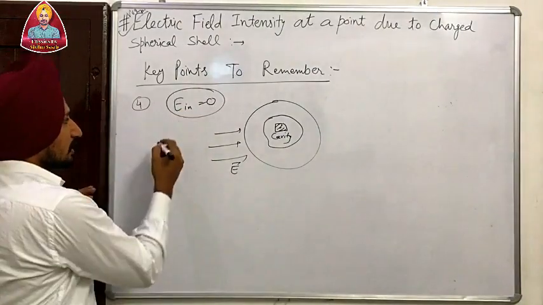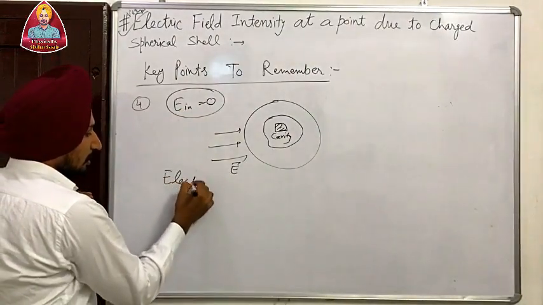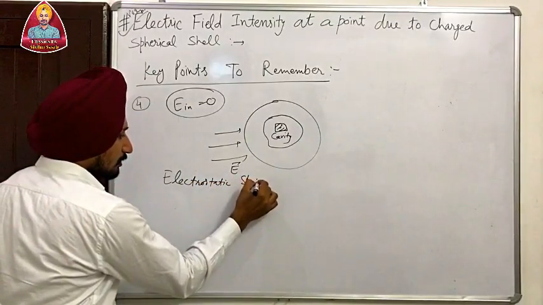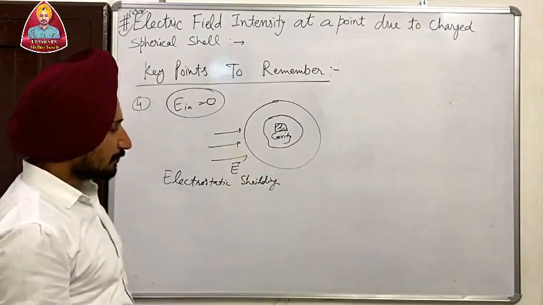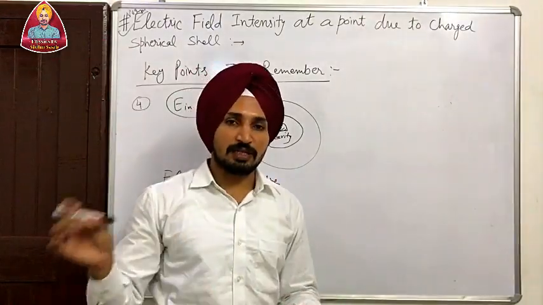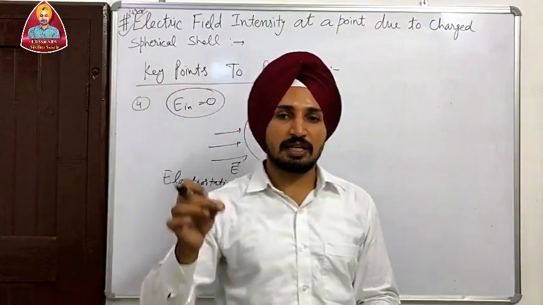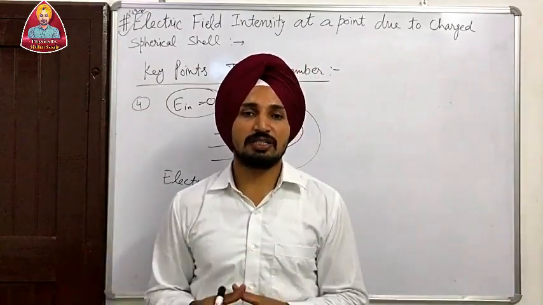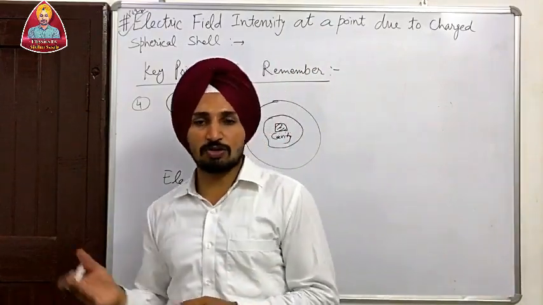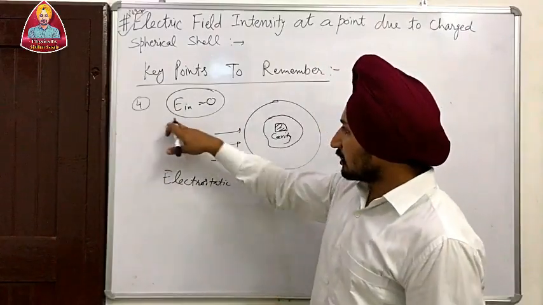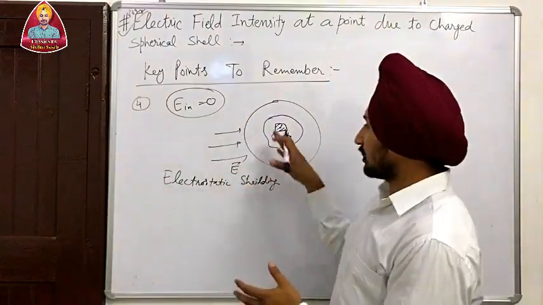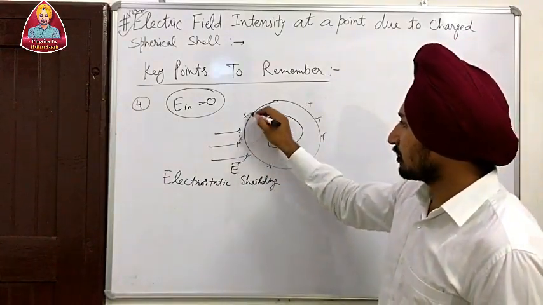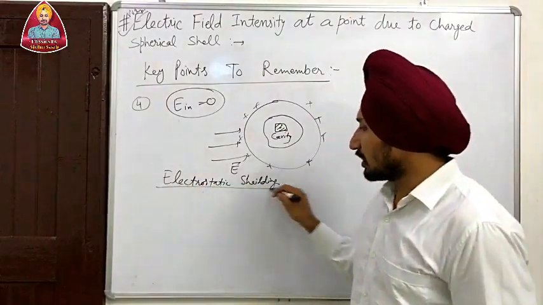So this is used as electrostatic shielding. When we put a material inside a charged spherical shell or conductor, it is protected from outer electric field, because no electric field can come inside the cavity or inside the conductor. So this is called electrostatic shielding.